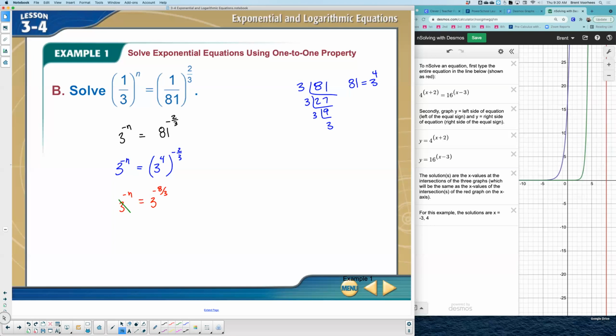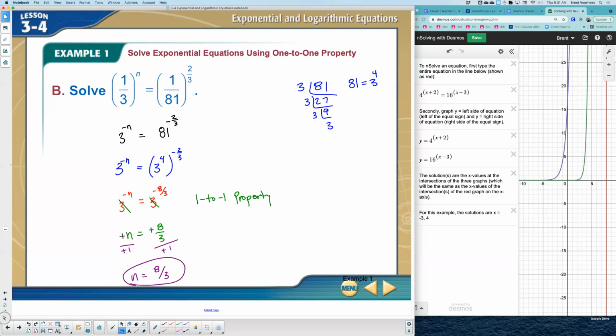So I can do the 1-to-1 property of simplifying. Which leaves me that negative n equals -8 divided by 3. If that's negative n, what does positive n equal? 8/3. That's right. When you divide all this by -1, all that happens is the sign switches. So positive n would equal 8/3.